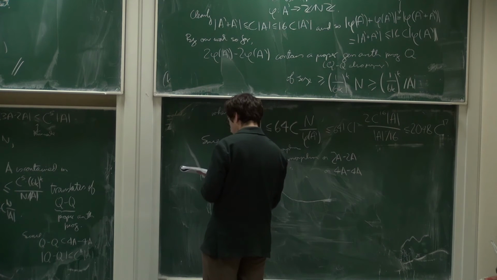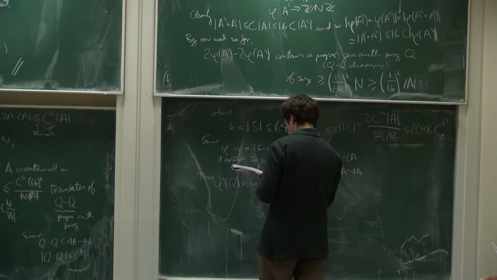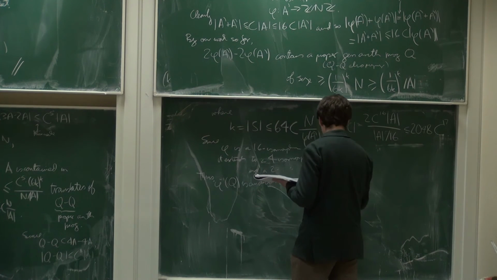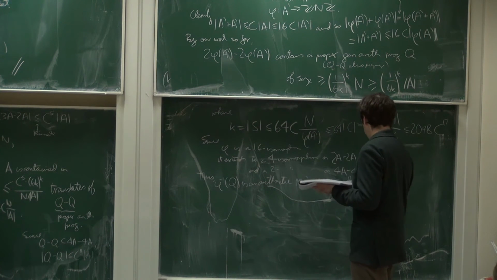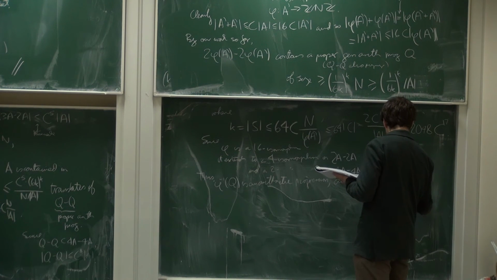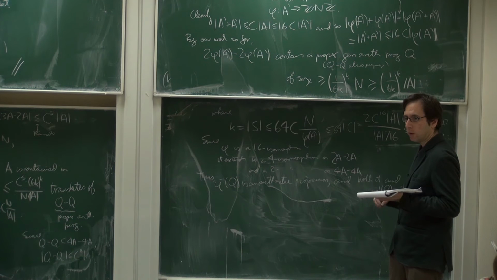Thus, φ inverse of Q is an arithmetic progression, and moreover, both it and φ⁻¹(Q − Q) are proper. Why? Well, it's because 2-isomorphisms preserve arithmetic progressions, and they also preserve their properness.